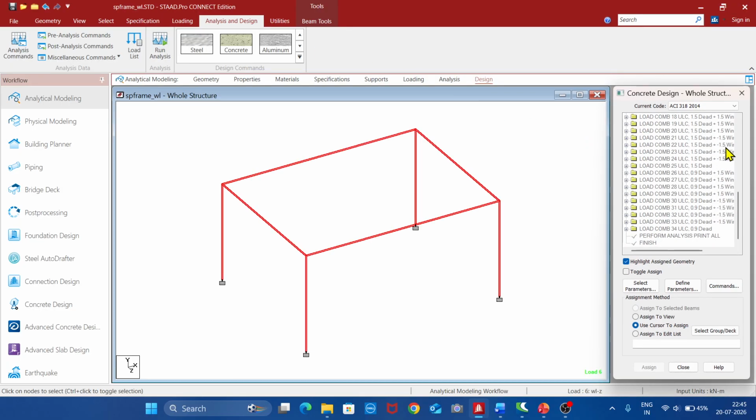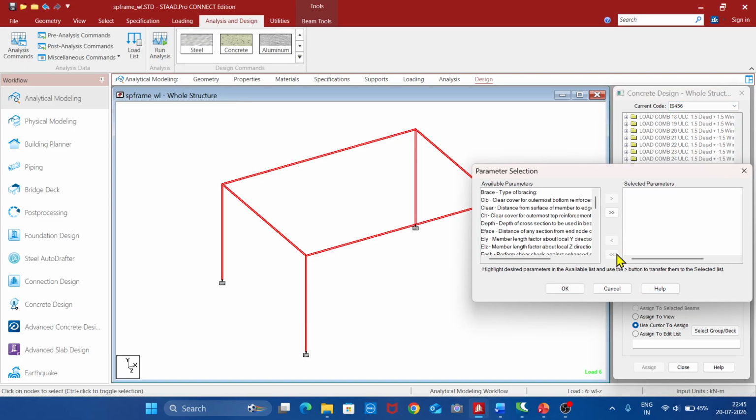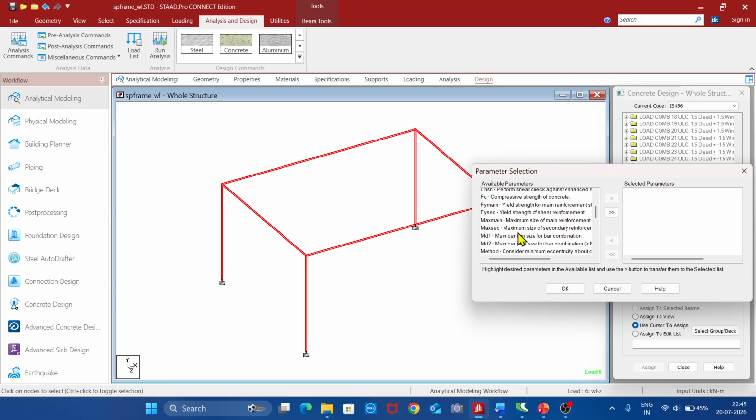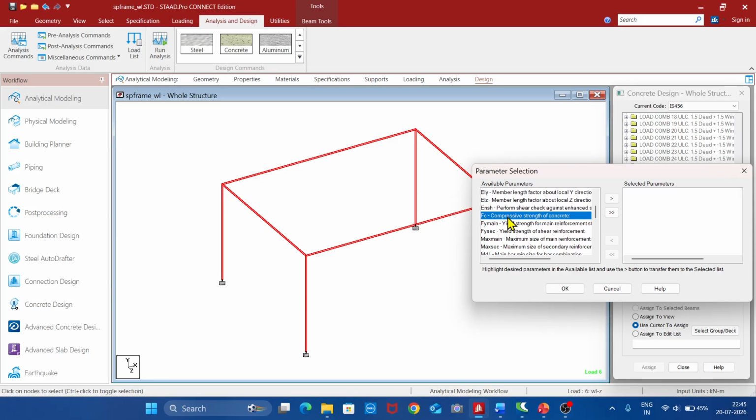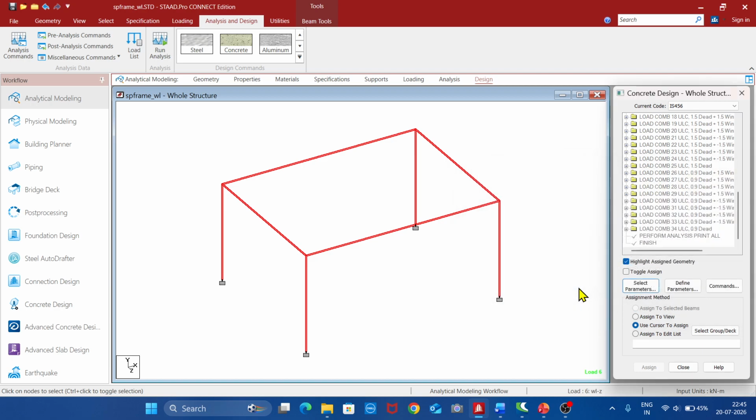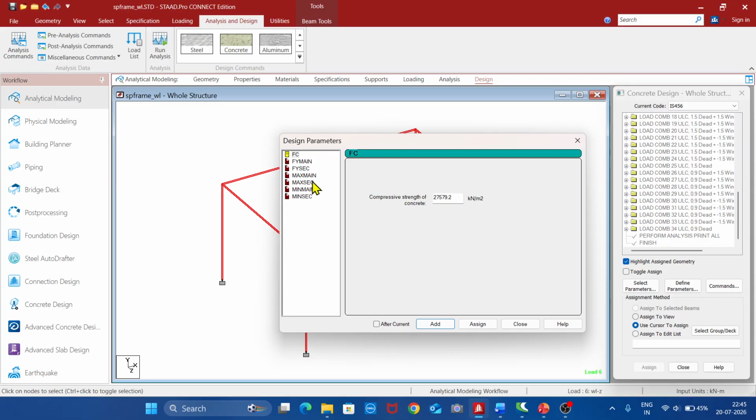Click concrete, select the IS 456 code, select parameters, bring all the parameters this side: FC, FY main, FY secondary, maximum main, maximum secondary, minimum main, minimum secondary. Click OK.